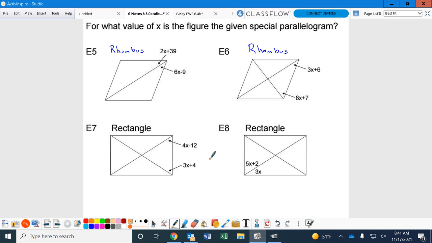Okay. So in a rhombus, these angles right here would be what? Equal to each other because the diagonal bisects opposite angles. Because of that, this amount would have to be equal to this amount. So 2x plus 39 would have to equal 6x minus 9.